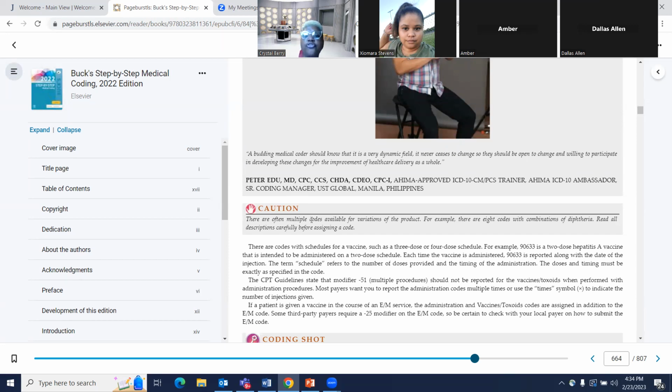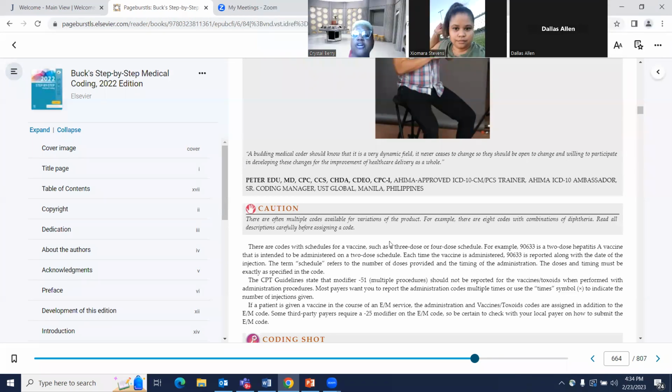So right here, make sure you read your coding shots as well. There are often multiple codes available for variations of the product. For example, there are 8 codes with combinations of diphtheria. Read all descriptions carefully before assigning a code.